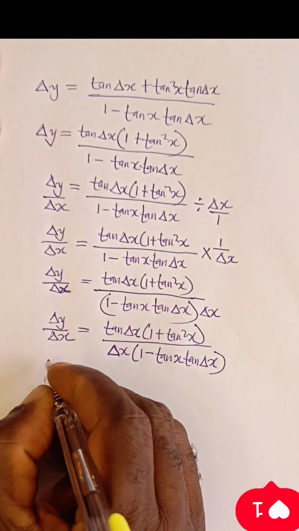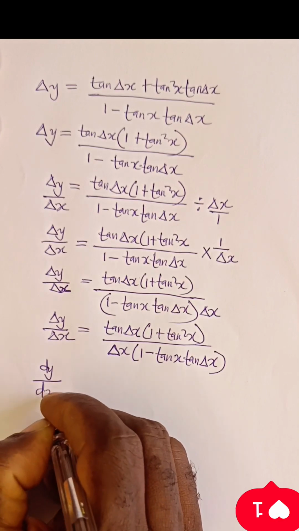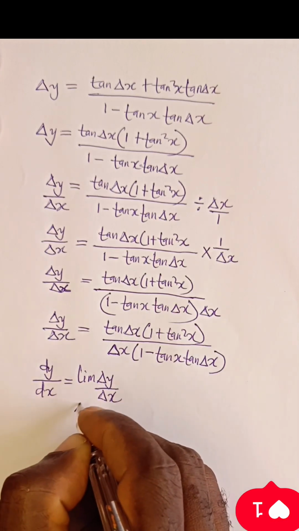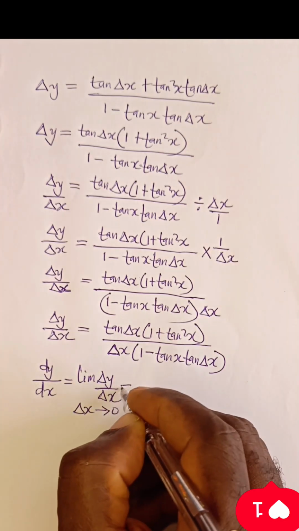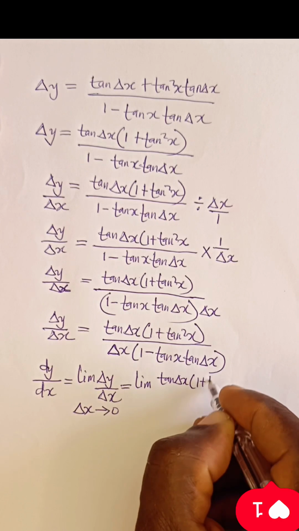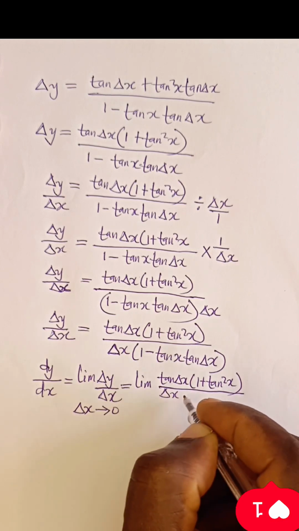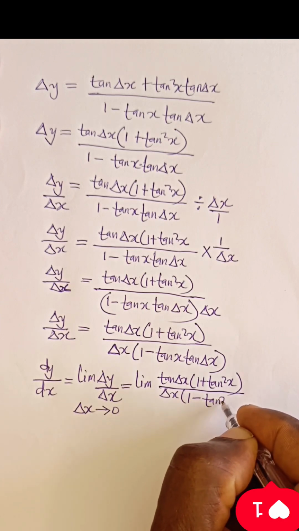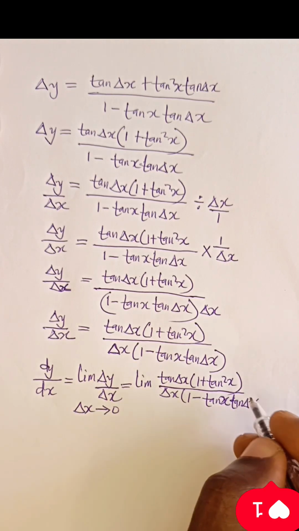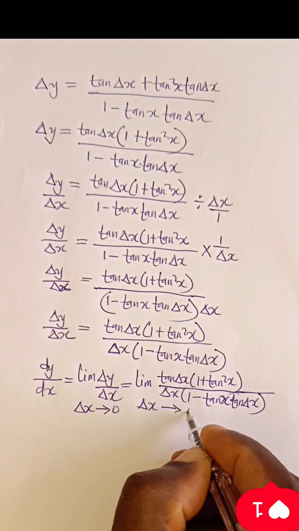Using our limits, we can say dy/dx is equal to the limit of change in y over change in x as change in x approaches 0, which means the limit of (tan change in x over change in x) into (1 plus tan square x) over (1 minus tan x tan change in x), as change in x tends to 0.